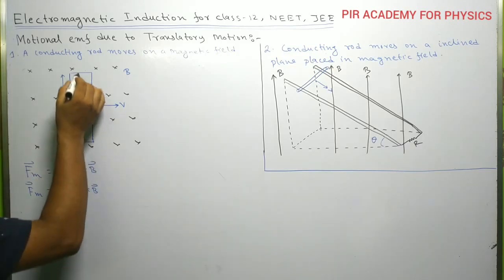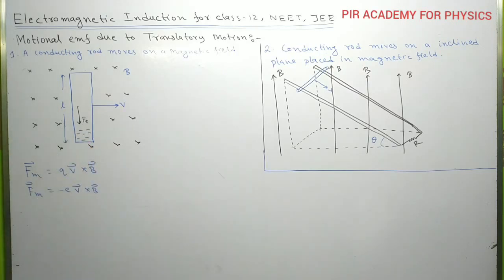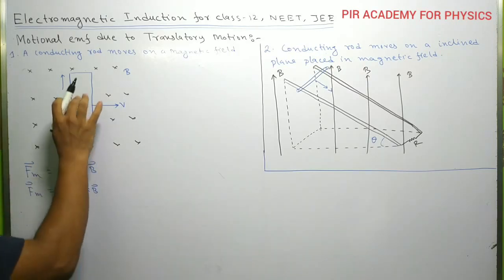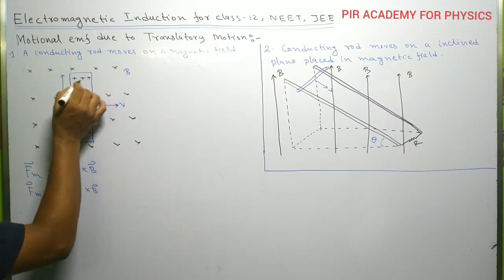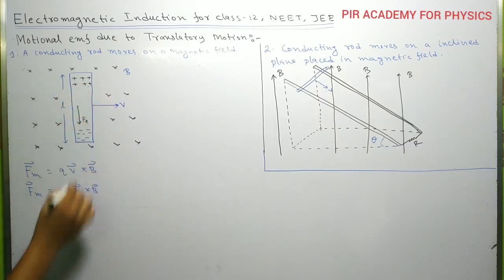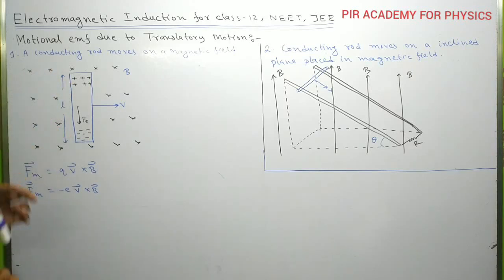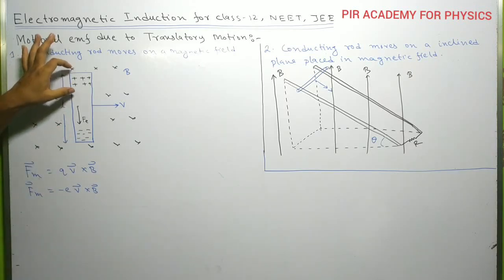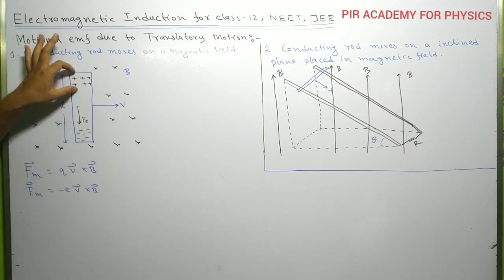So the electrons on this conductor are gathered in this region, and the other side will automatically be positive. So this conductor has a negative charge on one side and a positive charge on the other.